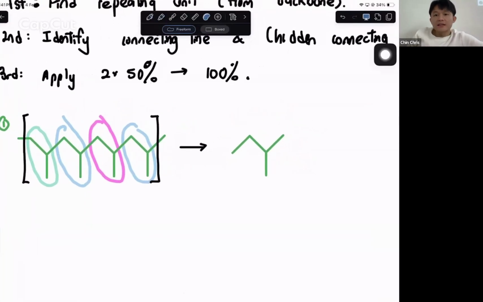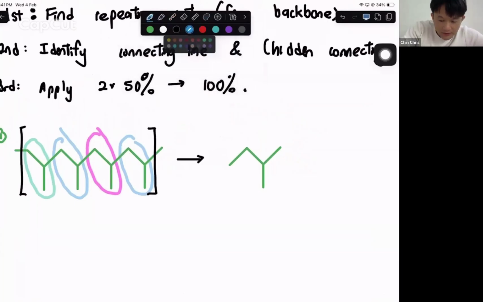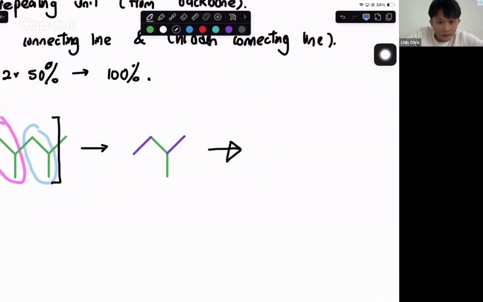Next is to identify my connecting line. Where is my connecting line? This and this are my connecting line. Can you see that or not? I'm going to use a purple color to show that it's a connecting line. Always remember a connecting line is a 50%. Now I'm just bringing my connecting line back.